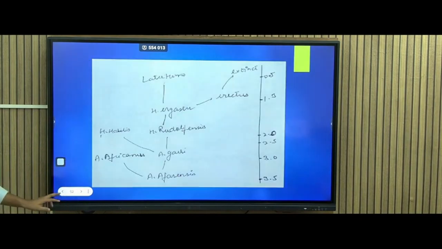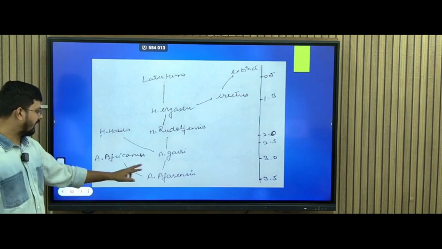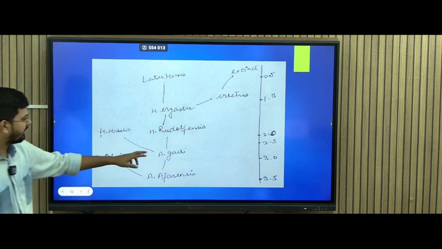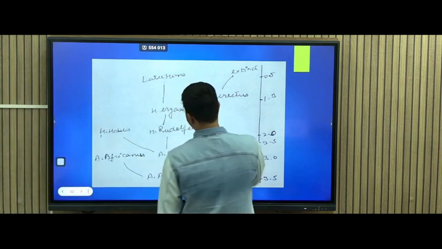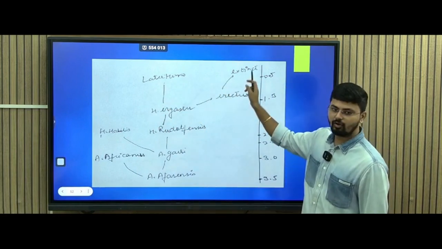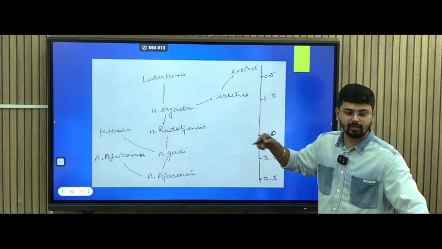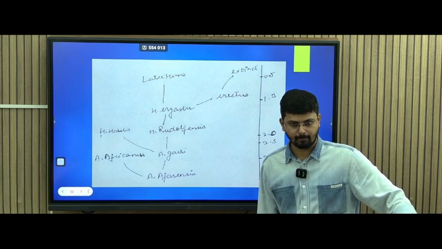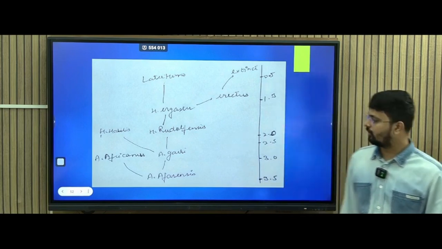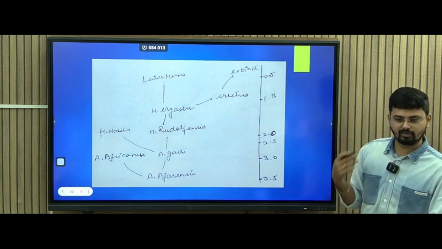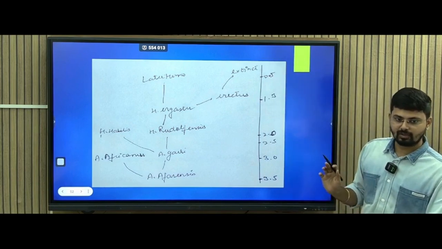So you can see here, Afarensis, Africanus, Garhi gave rise to Homo habilis, Rudolfensis, and then Homo ergaster, then Homo erectus. It got extinct. They did not accept that it evolved into Homo sapiens. They believed that Homo erectus got extinct in the process of evolution.